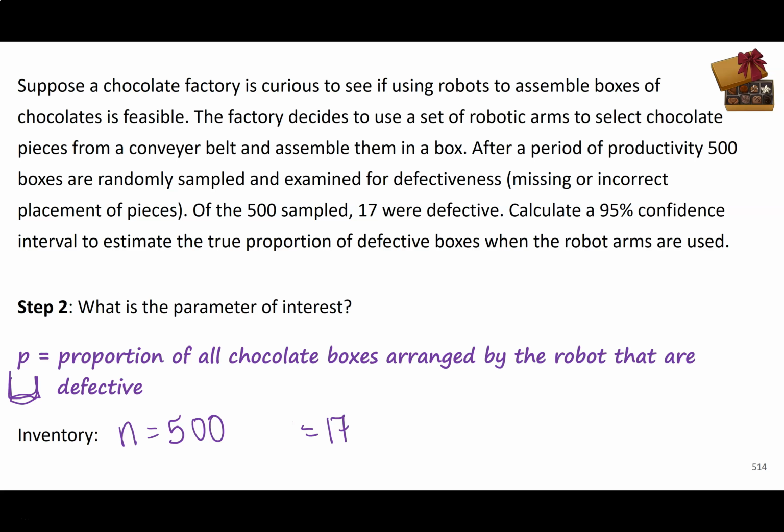I'd like to point out, this is why I do air quotes around successes, because here our successes are defective boxes, and most people would not consider that a good thing. And then p-hat is going to be that 17 over 500. It's going to be really small, something like 0.034.